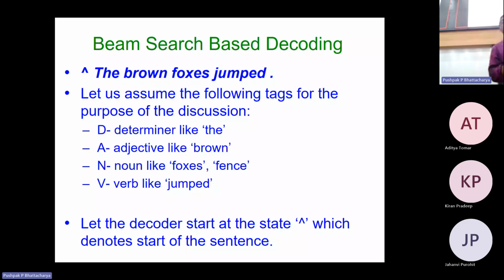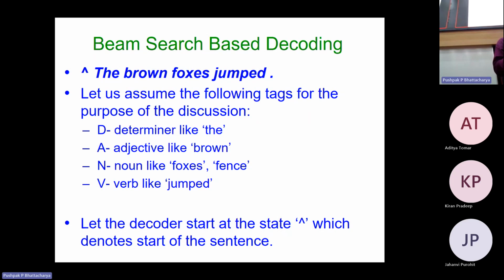Let's assume the following tags for the purpose of discussion. D is determiner, like the. A is adjective, like brown. N is noun, like foxes and fence. V is verb, like jump. A very simplified situation where we have only these 4 tags. Now, what will be the actual tag sequence for the sentence: the brown foxes jump?